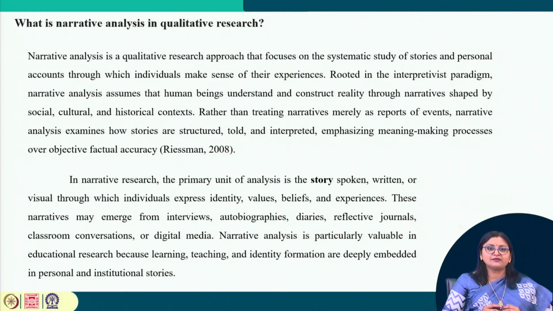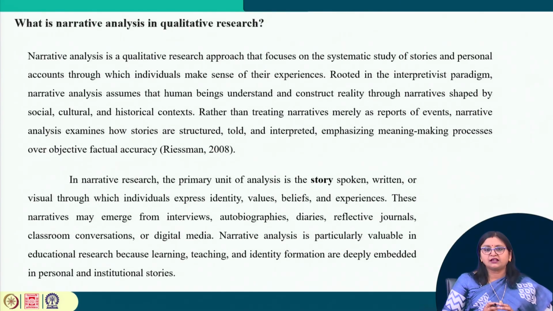This narrative may emerge from interviews, autobiographies, diaries, reflective journals, classroom conversations, digital or social media platforms, or movies which are fully made or based on narrative stories.